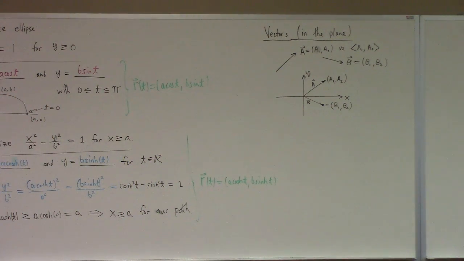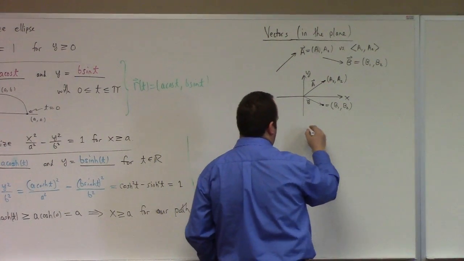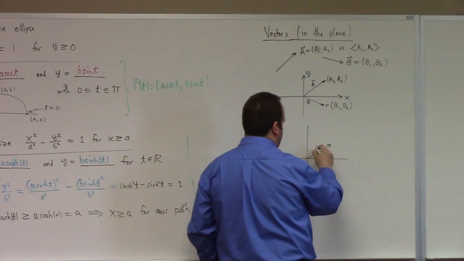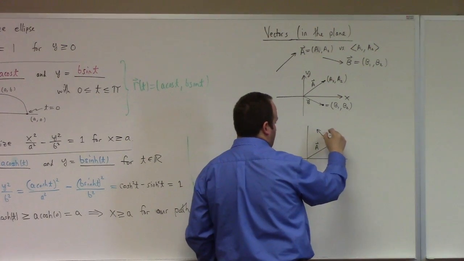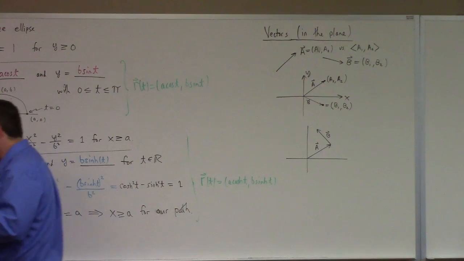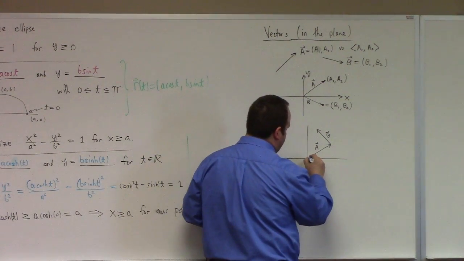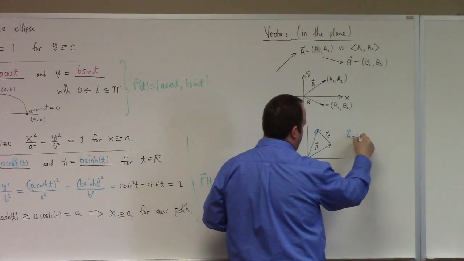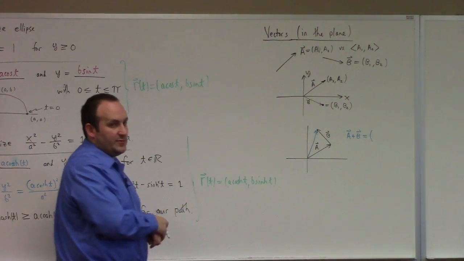How do you add vectors? Geometrically, the way it works is you go tip to tail. So here's A, here's B. You just draw them one after the other. And it's not hard to see that the so-called resultant vector, this one I've drawn in blue, A plus B, has what? What is it in terms of A1 and B1 and A2 and B2?